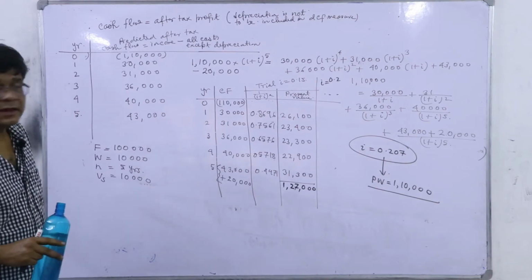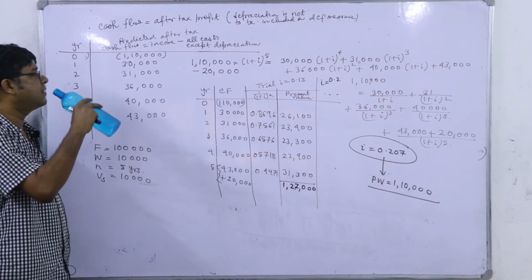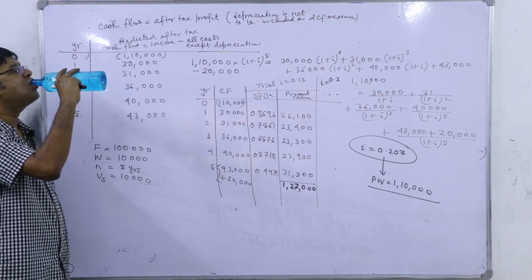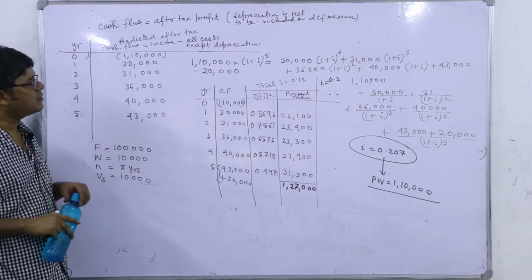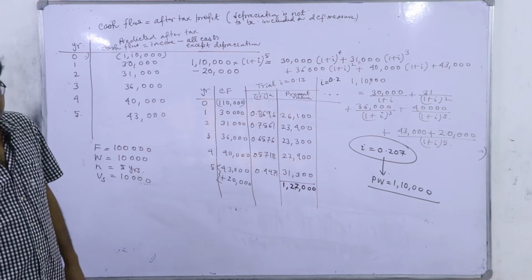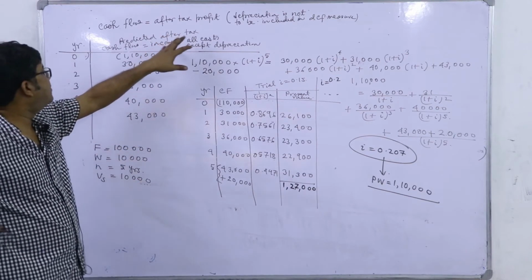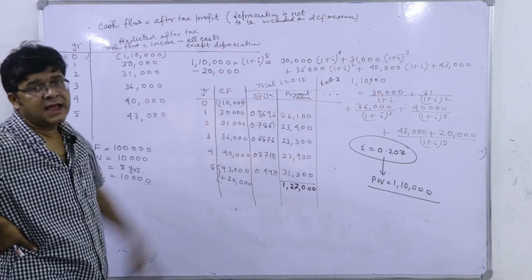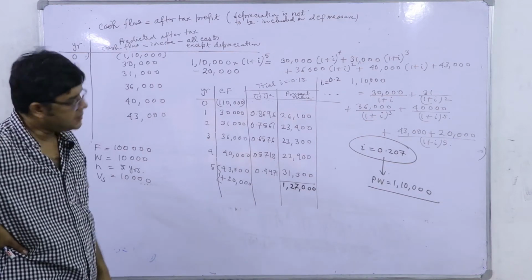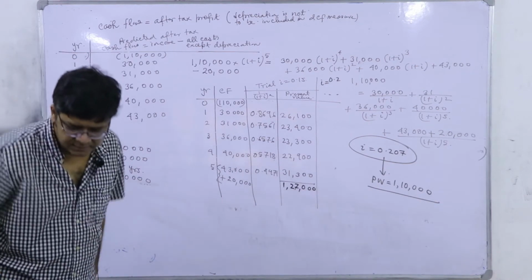So, that is the calculation associated to this discounted cash flow. We try to understand that we have to consider the profit after tax, but we should not add depreciation here, right, that is the methodology.